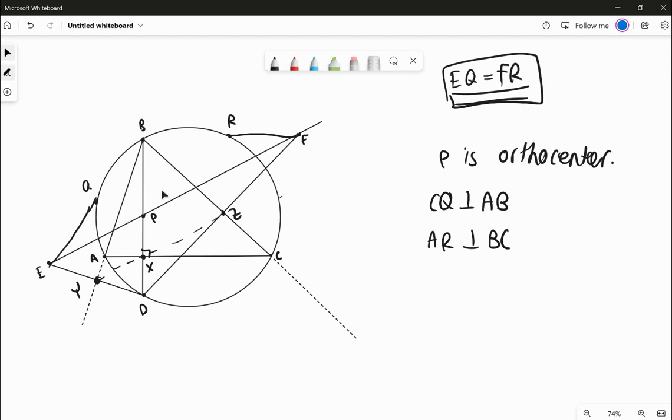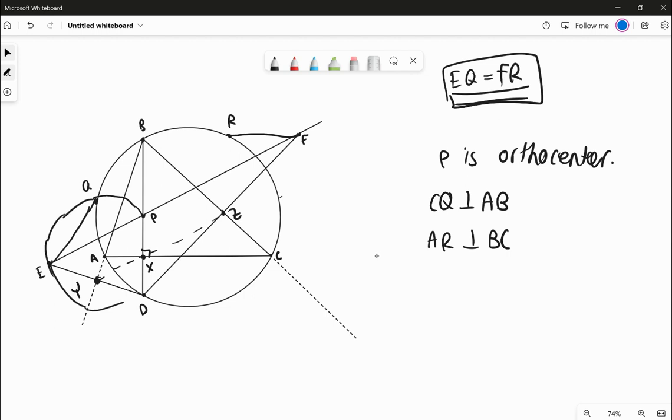And after a bit of inspection, it looks like PD is equal to EQ and PD is equal to FR. If we can prove that EQ equals PD, then by symmetry, PD is equal to FR, and that finishes the problem. So let's see what happens if we work out this consequence. We already know that EQPD is cyclic, so let's go ahead and draw the circle back in.